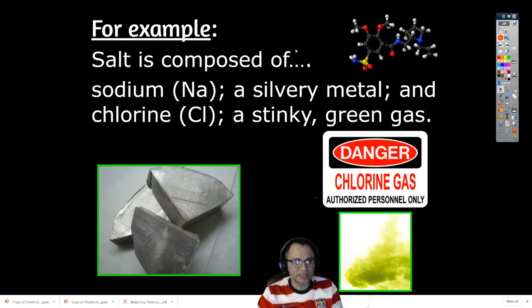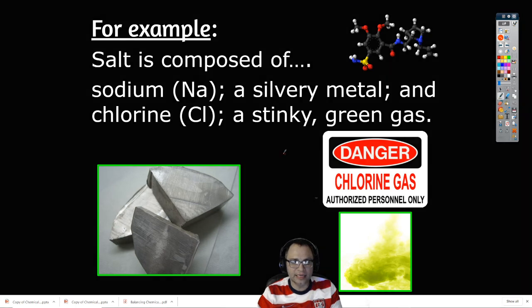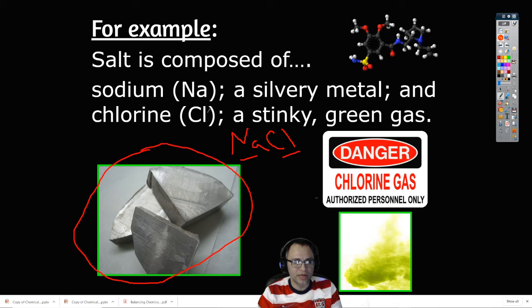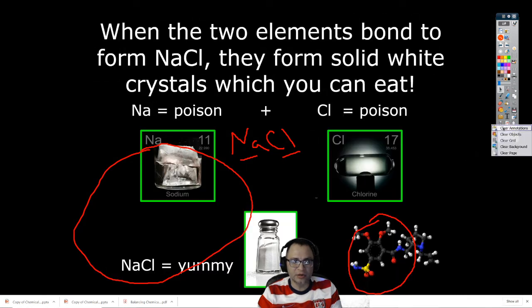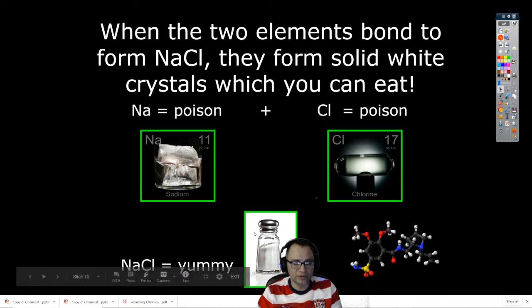Similarly, if you look at salt, salt is a compound, NaCl. When you combine these 2 elements together, they lose the properties of their elements. For example, sodium by itself looks like this, whereas chlorine is a poisonous gas that if you inhale enough of it can actually kill you. But when you combine them together into NaCl, you get salt.